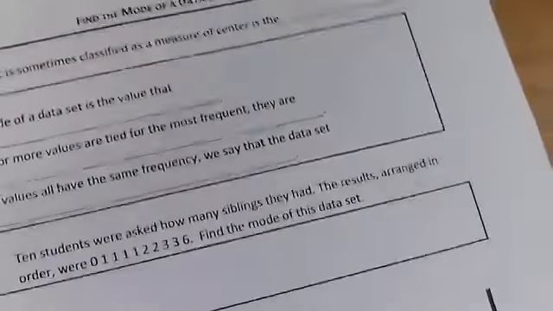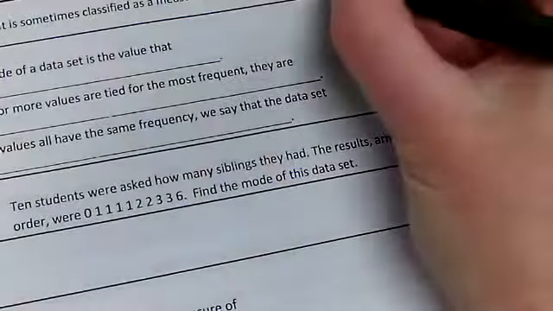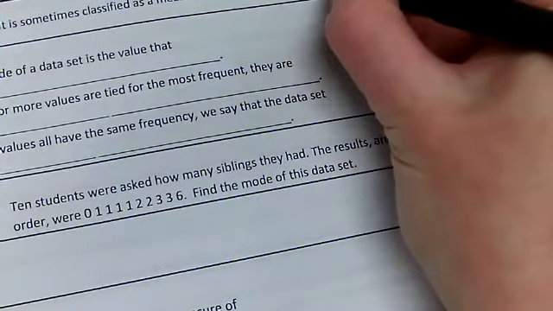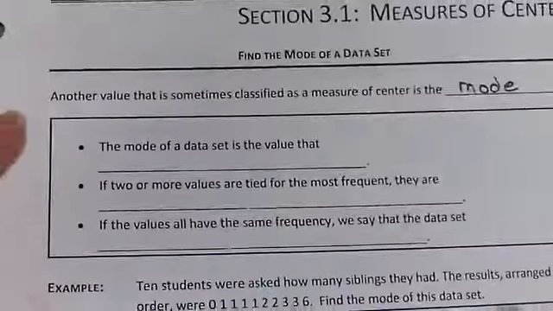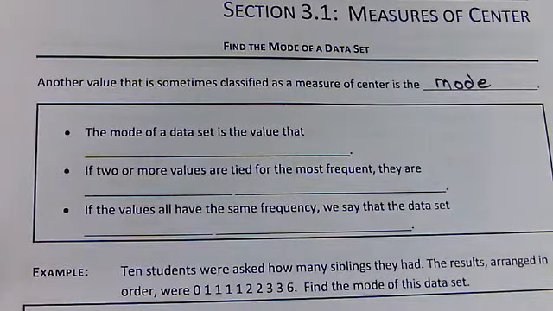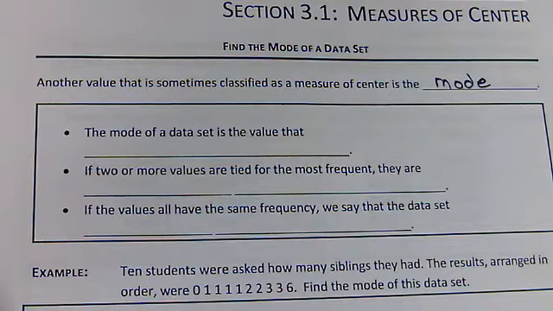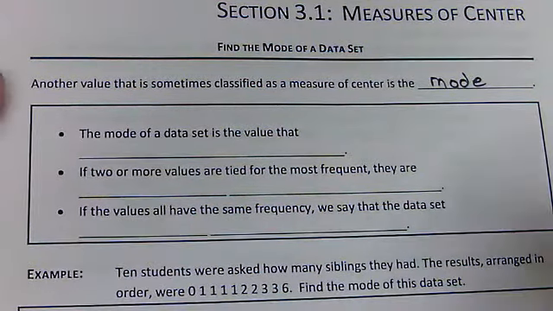Now, the next type of center, another value that we can use is the mode. The mode of a data set is the value that appears the most.